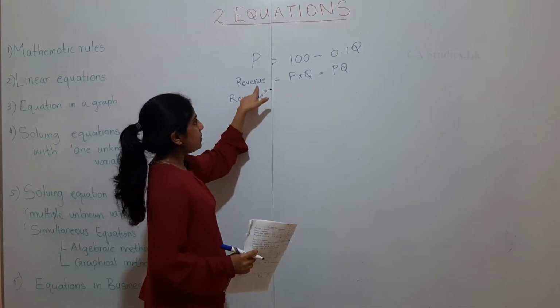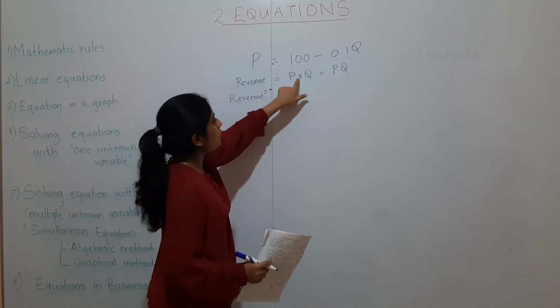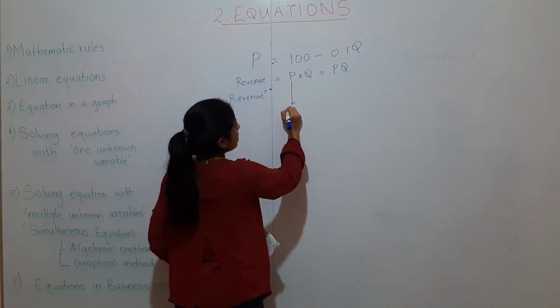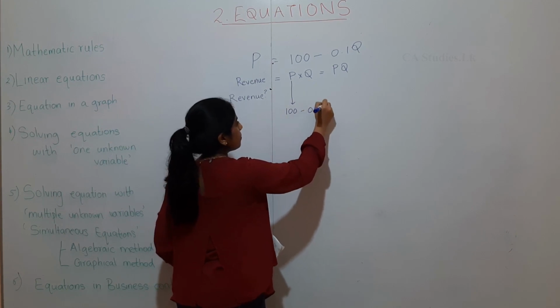They've given revenue equals P multiplied by Q. We know P is equal to 100 minus 0.1Q.